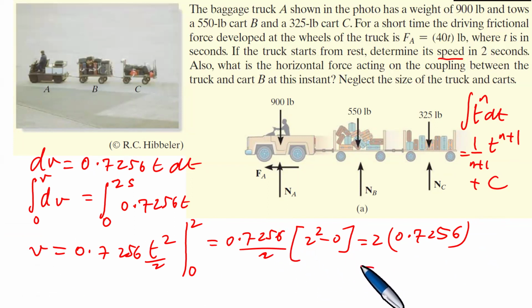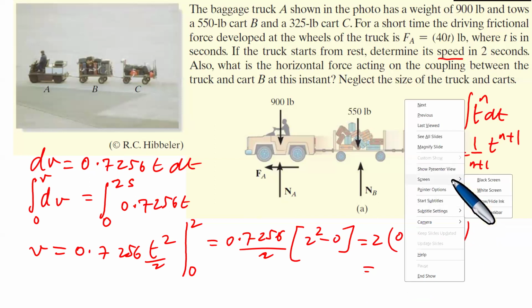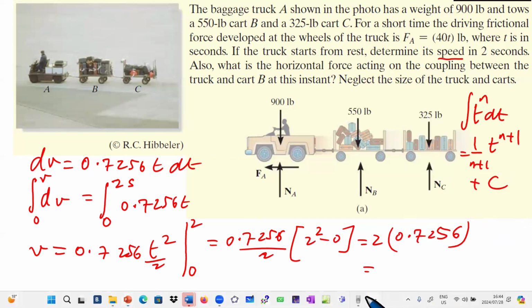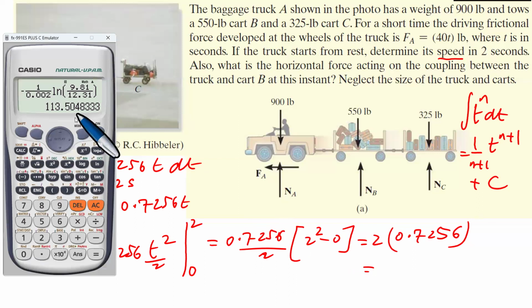So 2 times this. 2 times this. Okay, let us check. We can use the calculator here to actually compute the speed that is required.